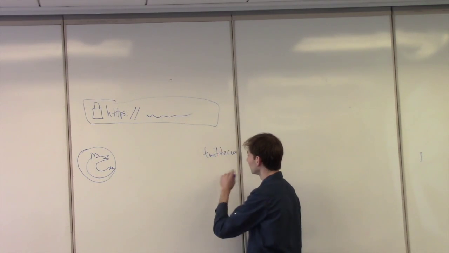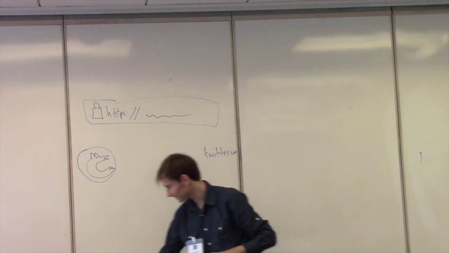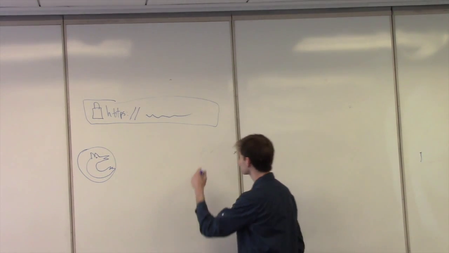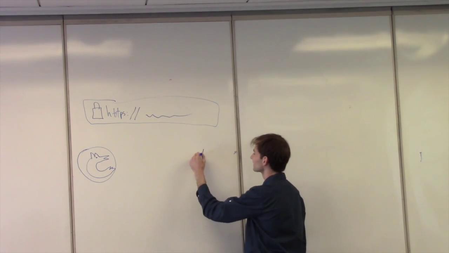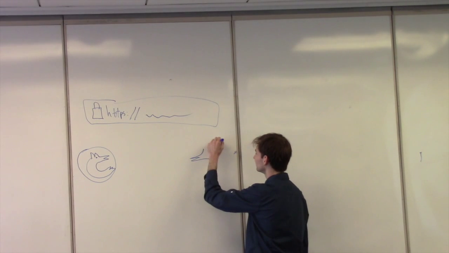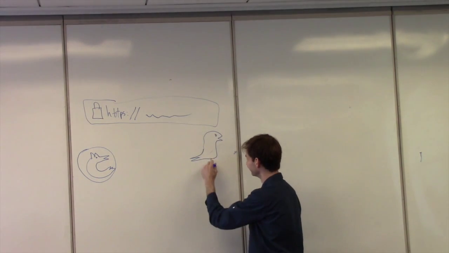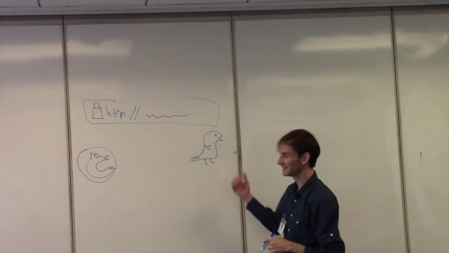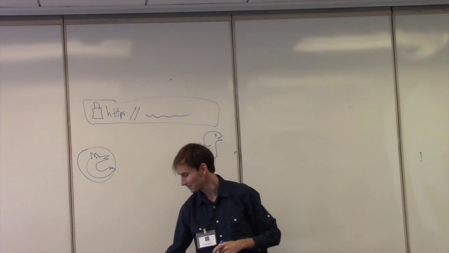A bird? Yeah, a bird. Thank you. Actually, let's use a bird. It's got a little tail and nice wings. That's the Twitter dinosaur.